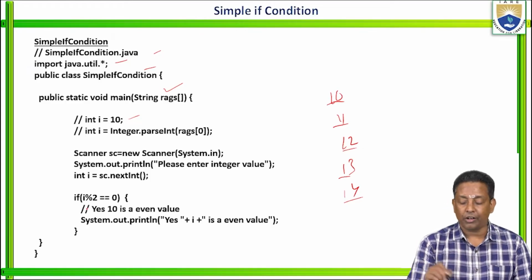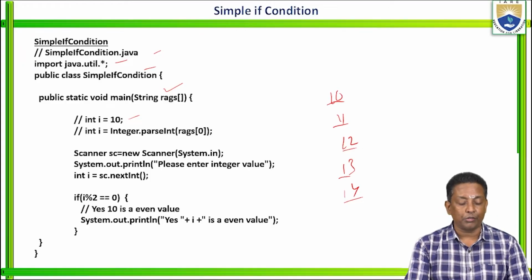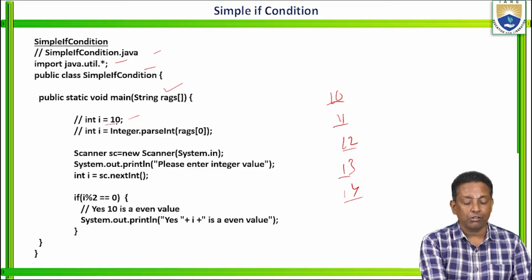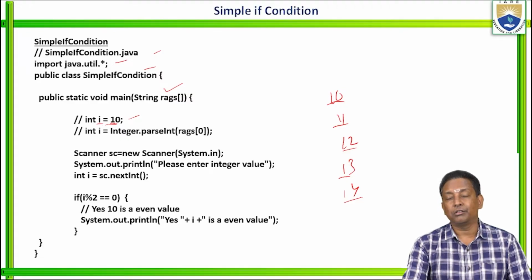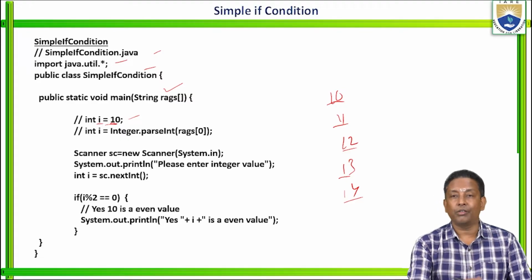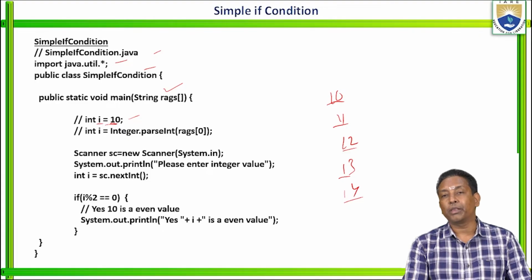If we directly write int i is equal to 10, the i variable value always remains 10, and the output will always be printed as even number. But we want to let the user enter the input.